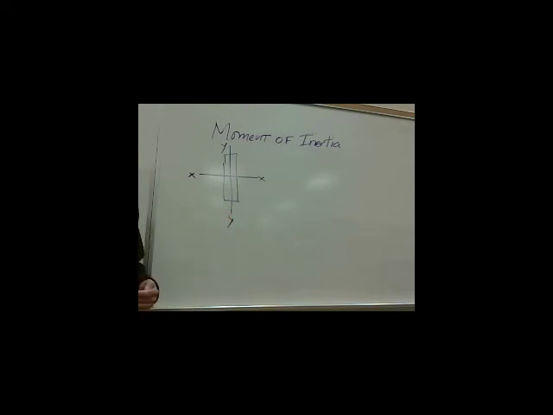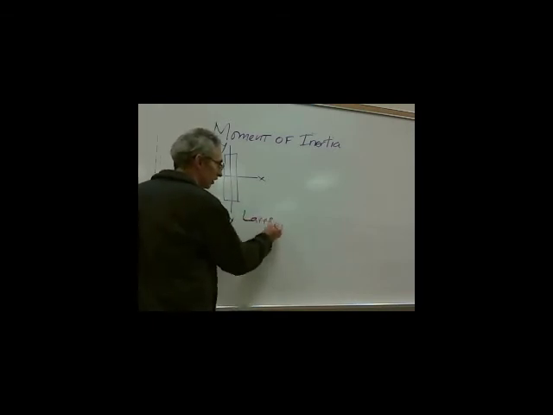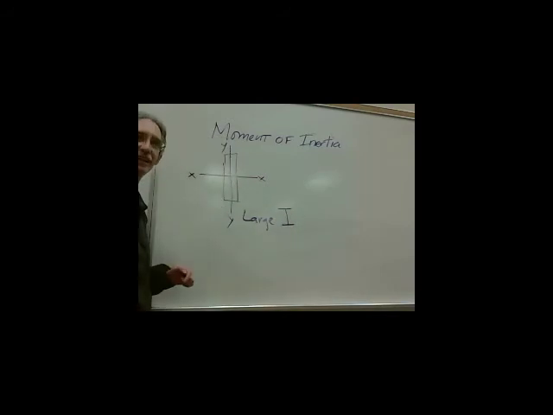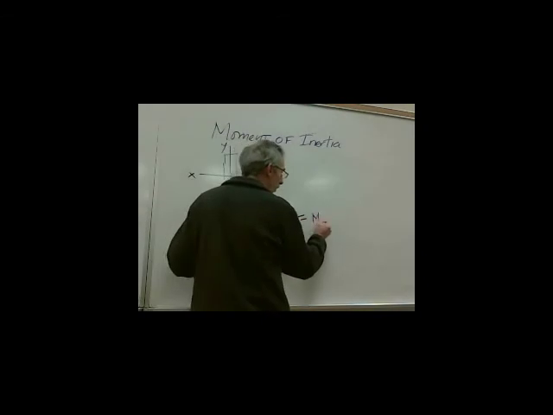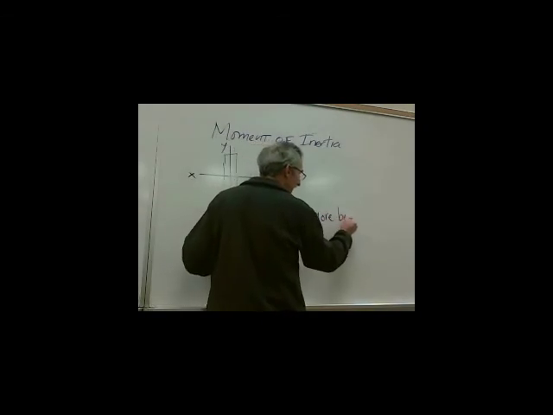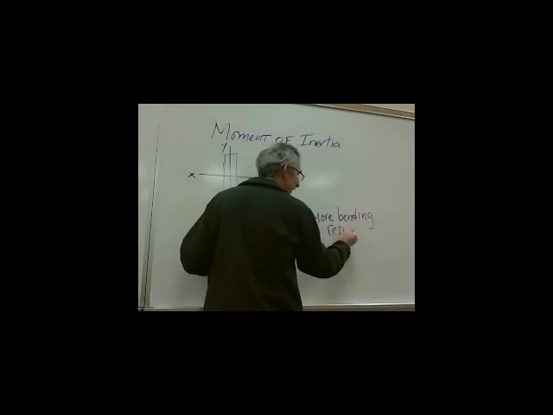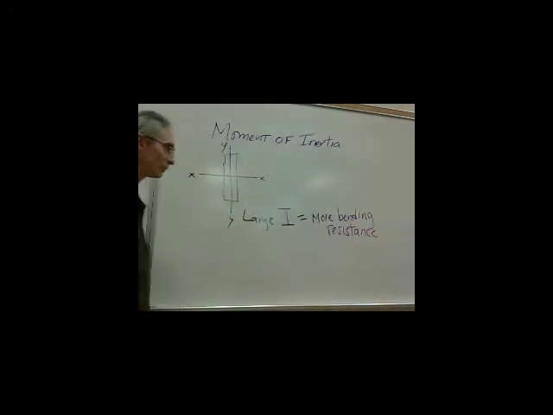So when the moment of inertia is large, and we represent moment of inertia with I, the letter I, when we have a large I, that means more bending resistance. More resistance to bending. It's stiffer when you try to bend it. A smaller I correspondingly means lower bending resistance.